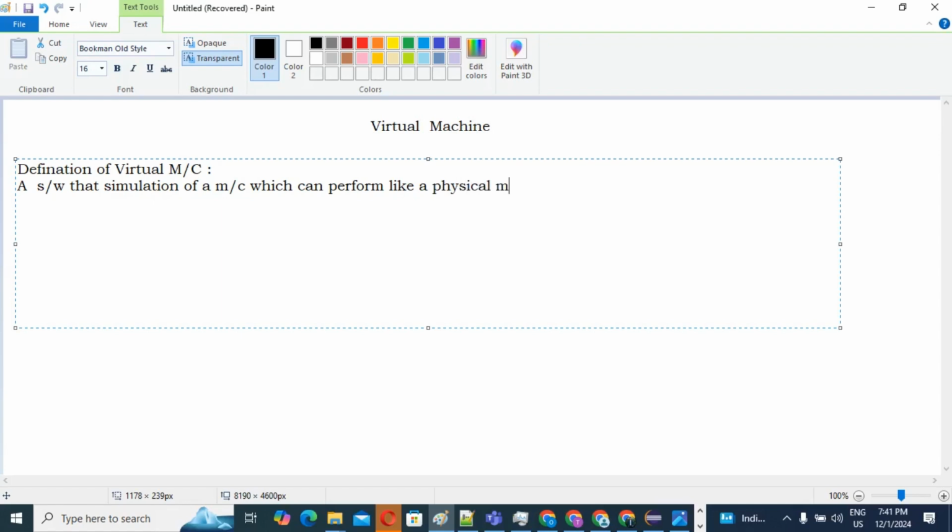Yes or no, guys? What I explained, same thing I'm writing here, right? Called what? Virtual machine.